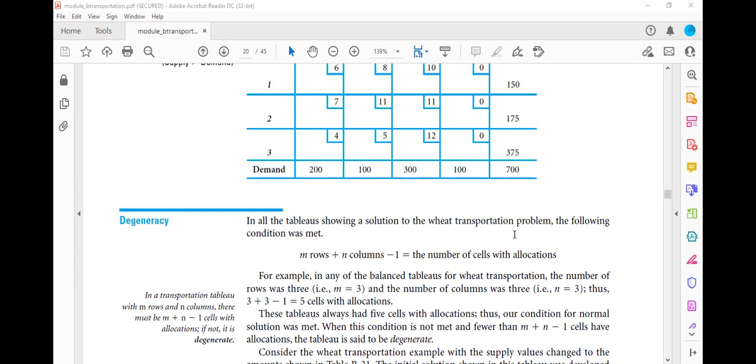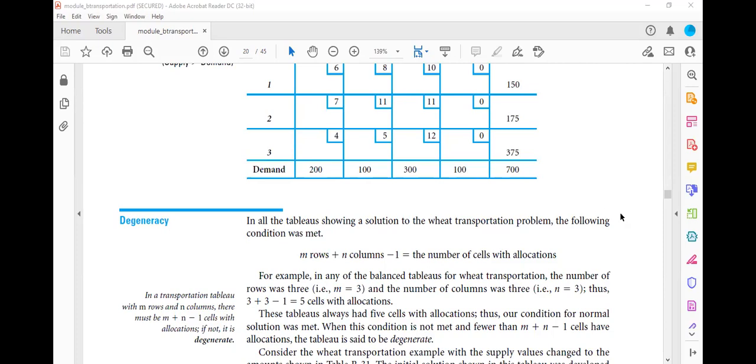So you count the number of rows, you count the number of columns. The total of the number of rows and columns minus 1 should be the number of cells with allocation. If upon looking at your initial feasible solution you find that the number of cells with allocation is not equal to m plus n minus 1, then this is what we call degeneracy. The table is said to be degenerate.